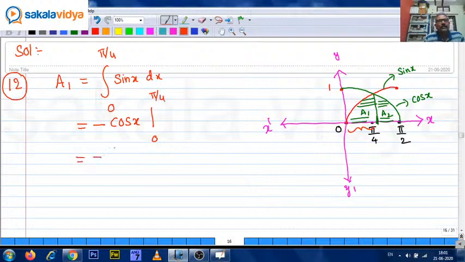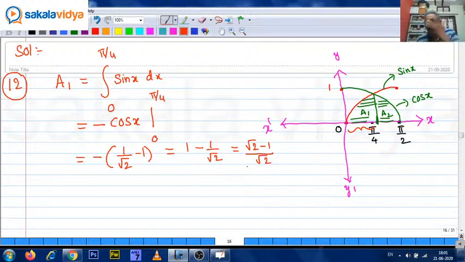So minus cos pi by 4 is 1 by root 2, and cos 0 is 1. This will be 1 minus 1 by root 2. We can write this as root 2 minus 1 by root 2. This is A1.